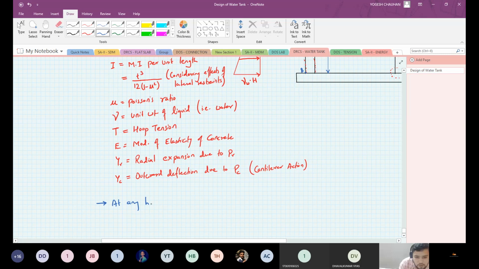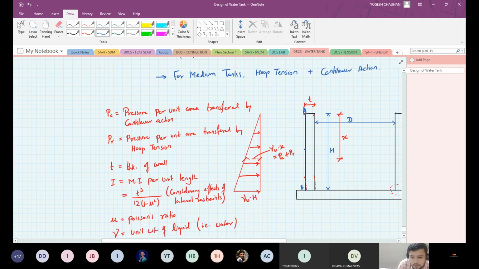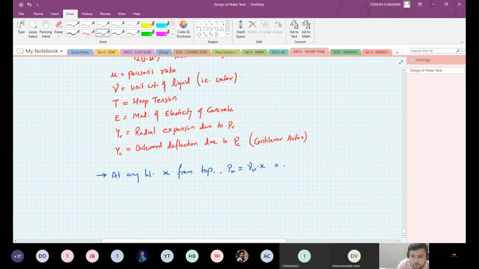At any height x from top, the pressure at x is equal to gamma w times x, which is equal to Pc plus Pr, that is, the pressure due to cantilever action and due to hoop tension.